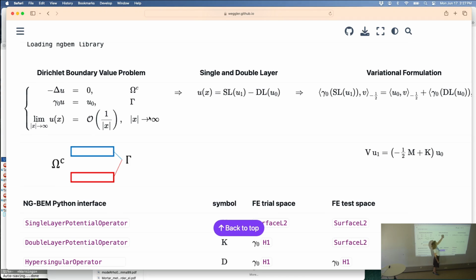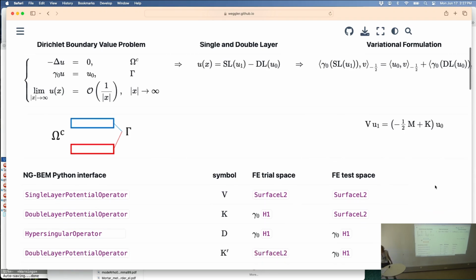So it's an ansatz that has a part, the single layer potential, plus a double layer potential. Single layer plus double layer potential is a homogeneous function. And you get now why I chose this example: to show you that depending on your ansatz, you get all different matrices. This is the single layer potential. This is the double layer potential. This is a mass matrix.